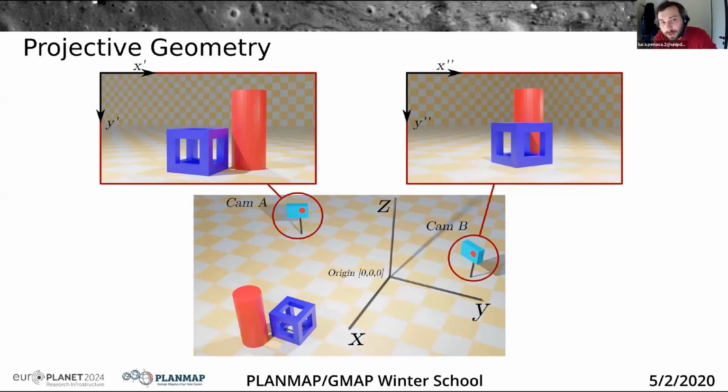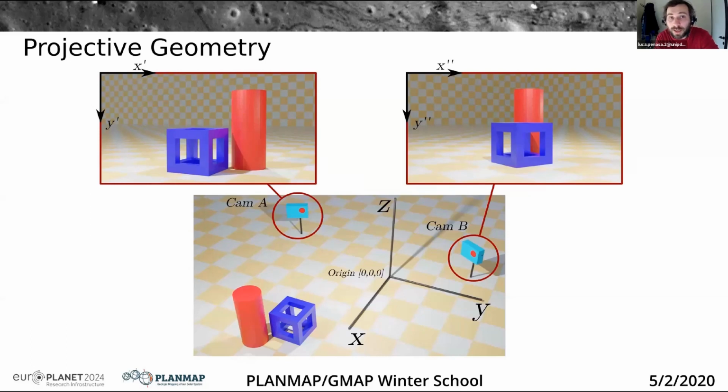So there is a lot of projective geometry involved when you work with 3D data, both in the reconstruction of shapes, so let's say starting with imagery and trying to create your own 3D model, or if you are doing the other way around, for example, you have a 3D model and you want to create a new image representing your 3D model to put in your paper. And also for scientific purposes.